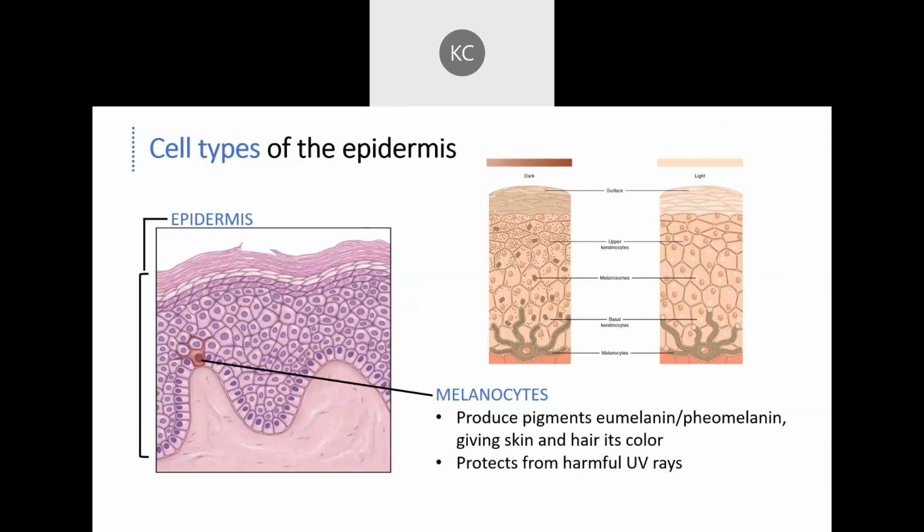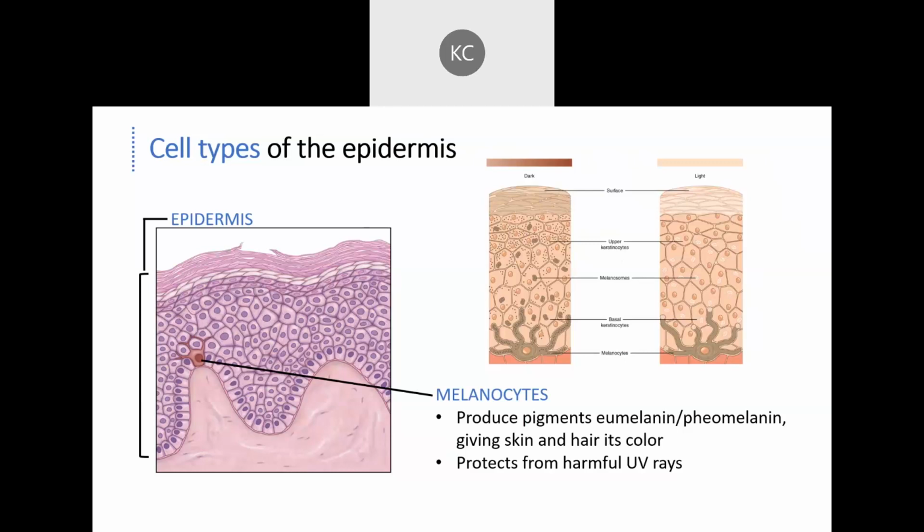Anytime you see the term EU associated with the word, EU means true. Okay, so this is true melanin. You could also think of something like a eukaryotic cell as a cell with a true nucleus versus a prokaryotic cell. And then we have another one called pheomelanin. Okay, and so pheomelanin is the melanin that is associated with people who have more fair skin and things like red hair. Okay, so we have these different types of cells that produce these different types of melanin.